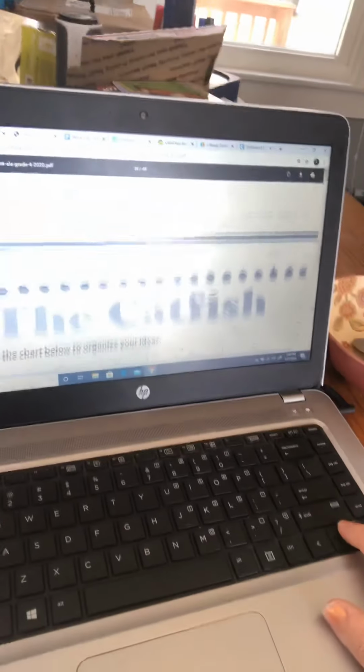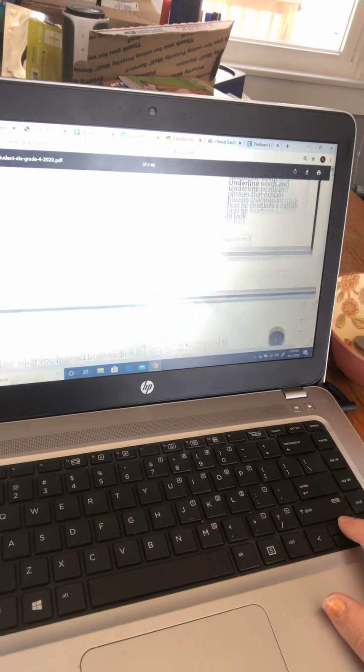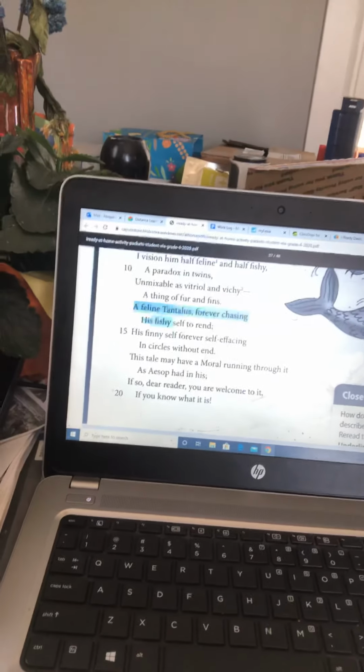Context in poem. So what do we put there? What word do we see in context? Text. So we look at the text and we write down where that word came from. It already told us which lines it is. A feline Tantalus forever chasing his fishy self to rend.